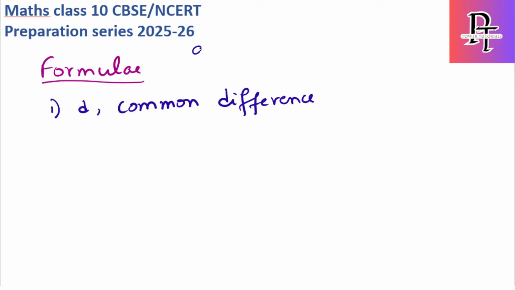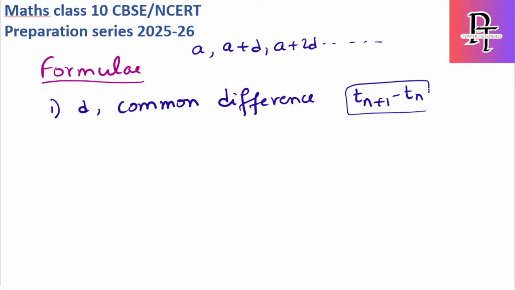For suppose the standard arithmetic progression series is A, A plus D, A plus 2D, and so on, where A is the first term and D is the common difference. Common difference for any AP series is very easy: Tn plus 1 minus Tn, that is the difference between any 2 consecutive terms, will give the common difference value. The second important formula from this chapter is the nth term.